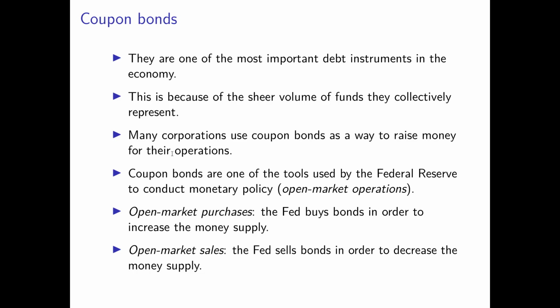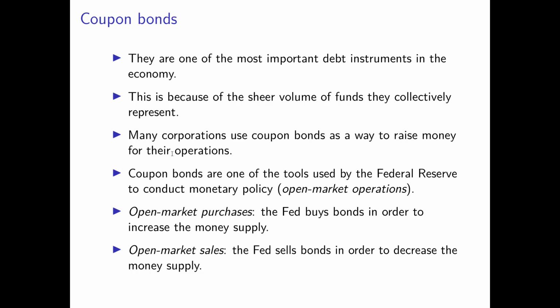And the government as well, the Federal Reserve, uses bonds in order to conduct monetary policy. That's what we call open market operations. So we have open market purchases and open market sales. Open market purchases are when the Fed buys bonds in order to increase the money supply, and open market sales are when they sell bonds in order to decrease the money supply.